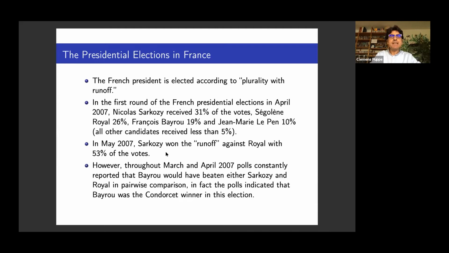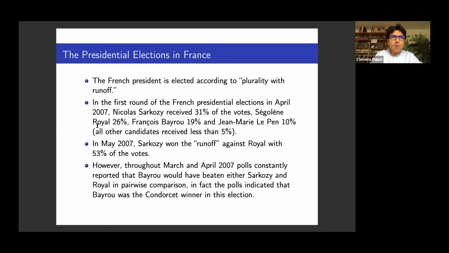Because Sarkozy was, of course, the right-wing candidate, Royal was the left candidate, and Bayrou was in the political middle, which means that every supporter of Royal on the left would have still preferred Bayrou to Sarkozy, and every supporter of Sarkozy on the right would still have preferred Bayrou to Royal.